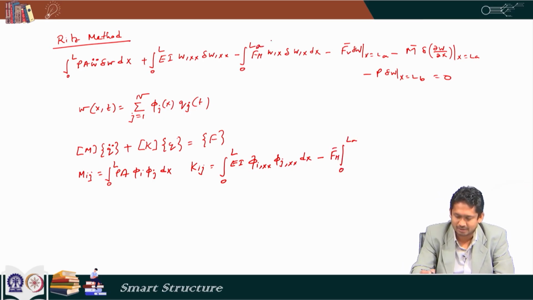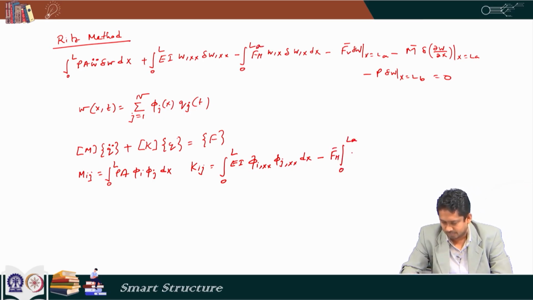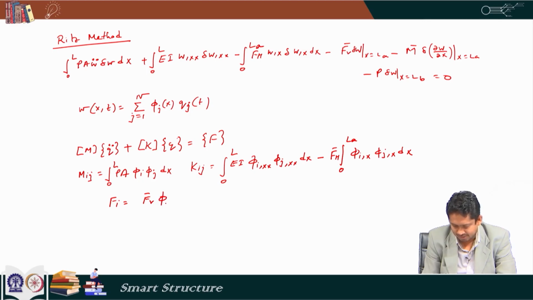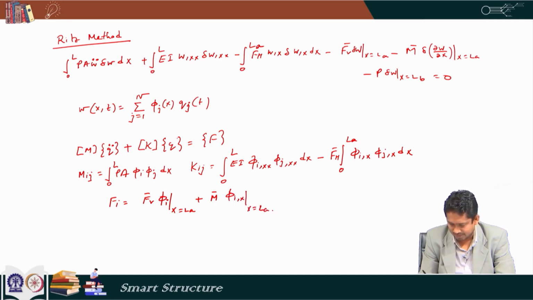Okay, so, this quantity is 0 to L a, not L, phi i comma x phi j comma x dx, and then we have the force as f v bar multiplied by phi i evaluated at x equal to L plus m bar multiplied by phi i comma x evaluated at x equal to L, plus p multiplied by phi i evaluated at x equal to L a.